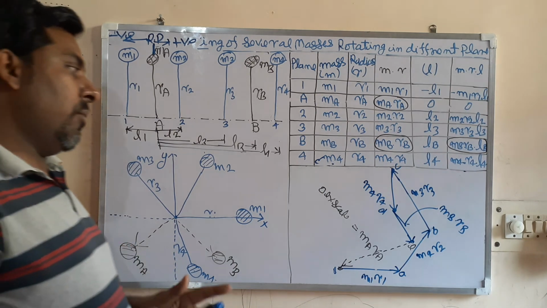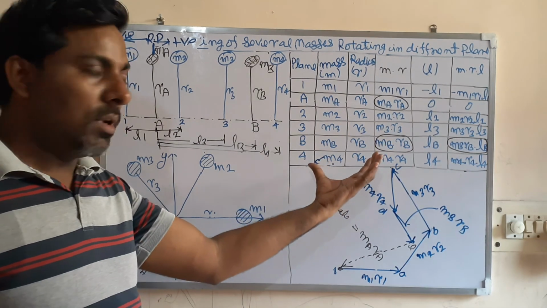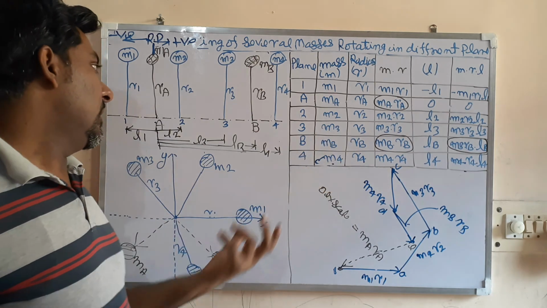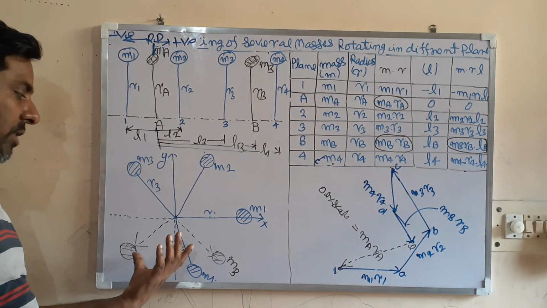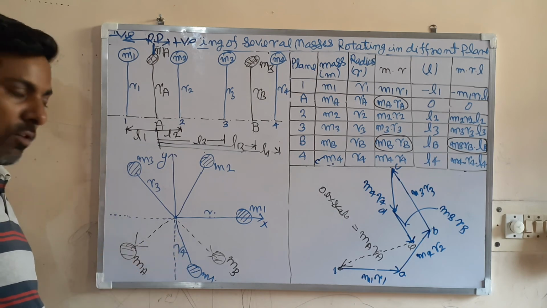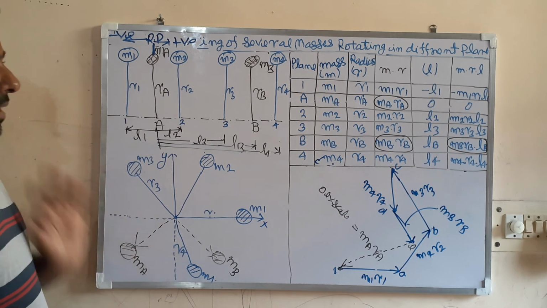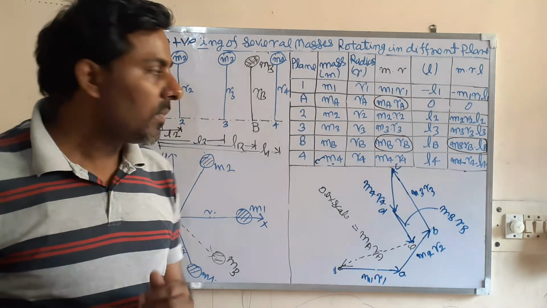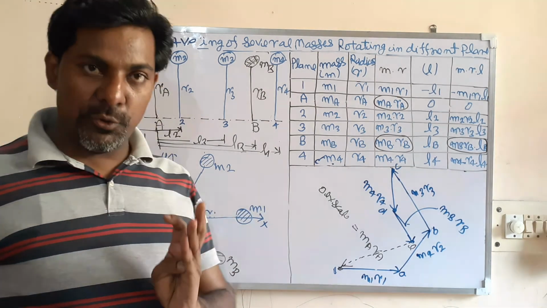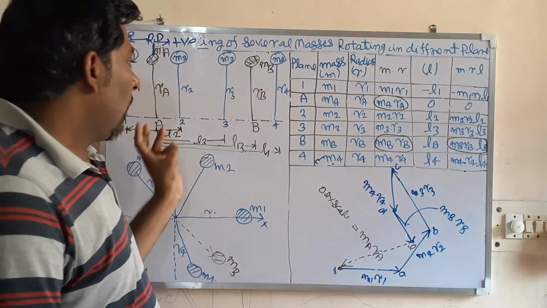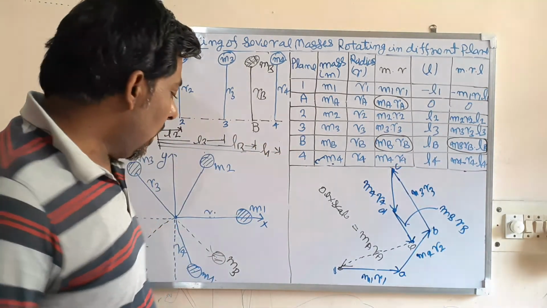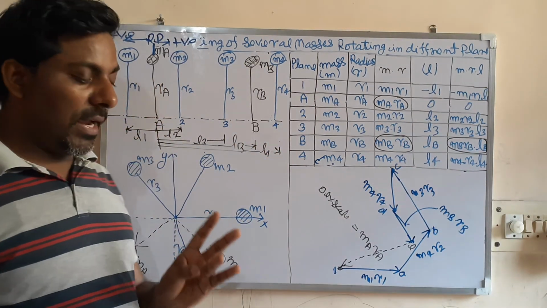So in that way you have got the unknown masses, radius, and position from the reference plane, and also you have got the angular position. So how many unknowns are there? So MA, MB: 2, RA, RB: 4, LA, LB: 6, and then 2 angular positions: 8.